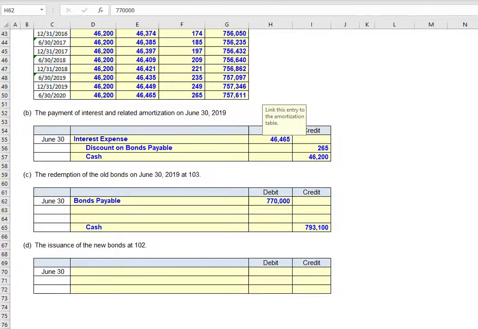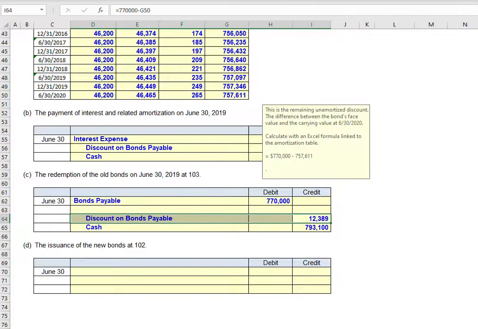We need to take the bonds payable off our books, so we'll debit bonds payable for $770,000, and we need to take the remaining discount off our books, and that remaining discount will be $12,389, and that's simply the difference between our carrying value at that point in time, the bond's face value at that point in time, or par value, minus the carrying value.